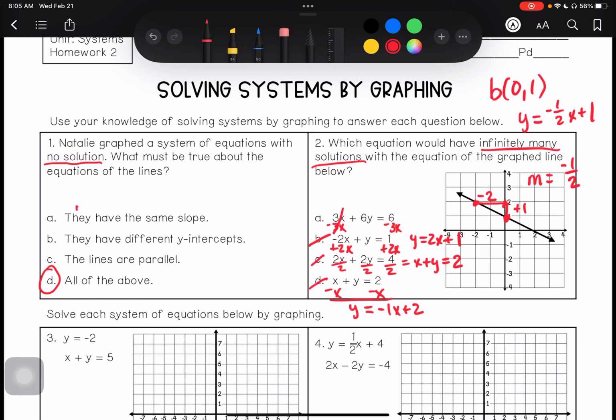This cancels and you're left with 6y equals -3x plus 6. Divide everything by 6. You're left with y equals -1/2 x plus 1, which is the same as that equation. So you should have had A.